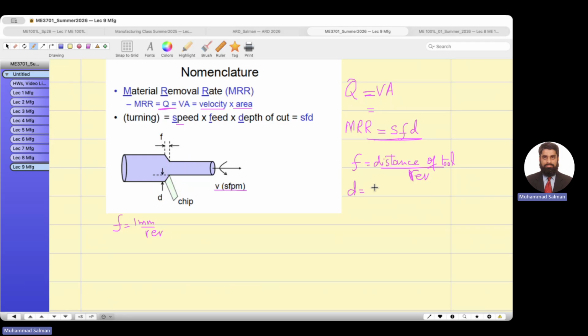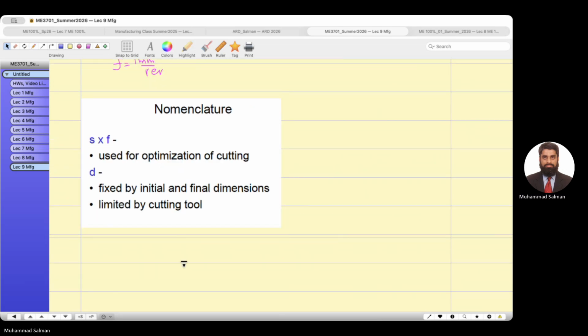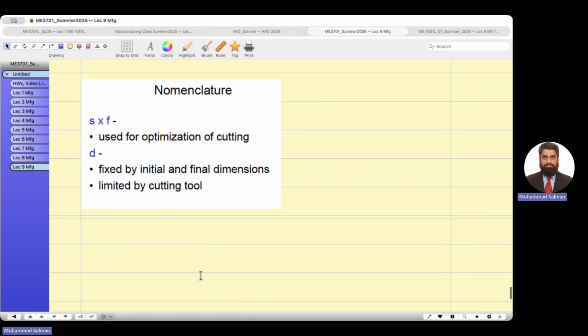D is the depth of cut. S times F is used for optimization of cutting. Depth of cut is fixed by initial and final dimensions, limited by the cutting tool life.